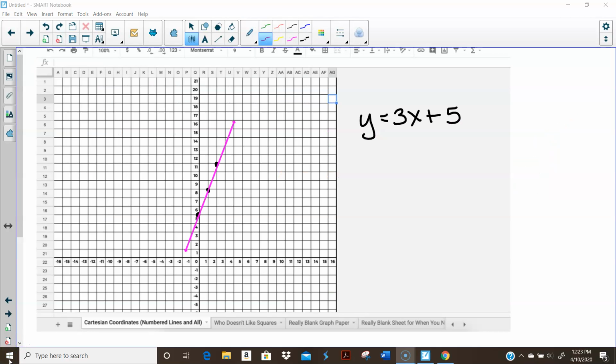Here you can see I drew the function y equals 3x plus 5. So I started at 5. I did rise 3, run 1, rise 3, run 1. And if you look at example 2 on page 121, it's asking you to find the slope of the line at point (2, 11). So point (2, 11) is right here.